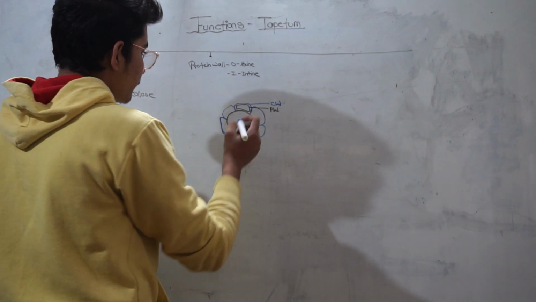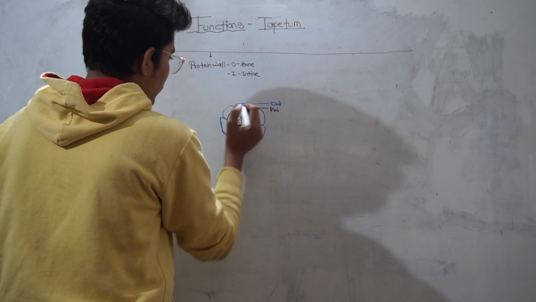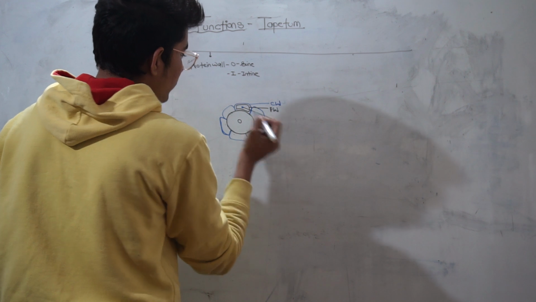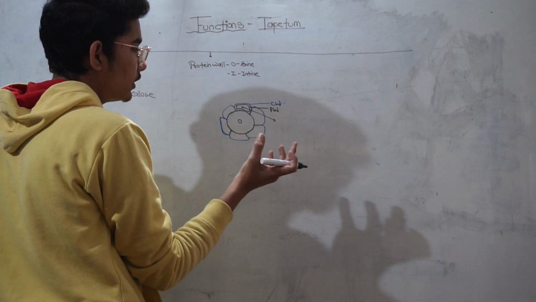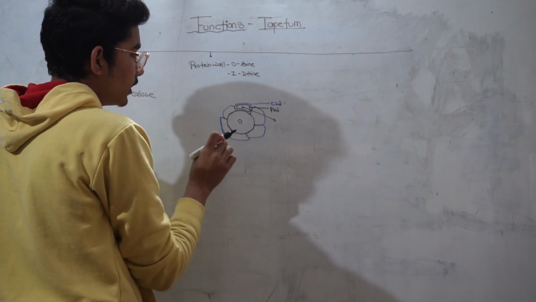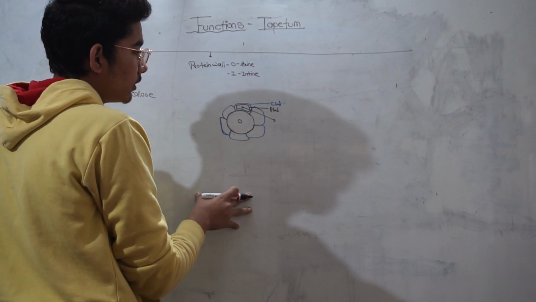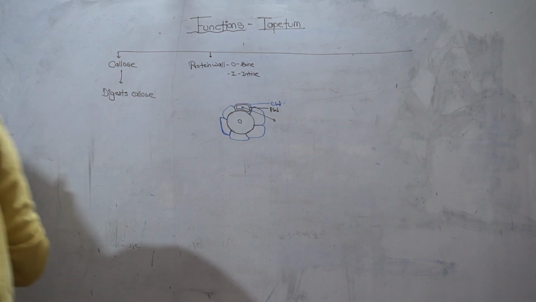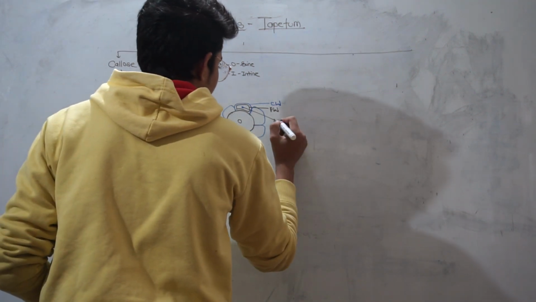Now if the pollen grain is present over the inside protein wall, then this is known as probish body.